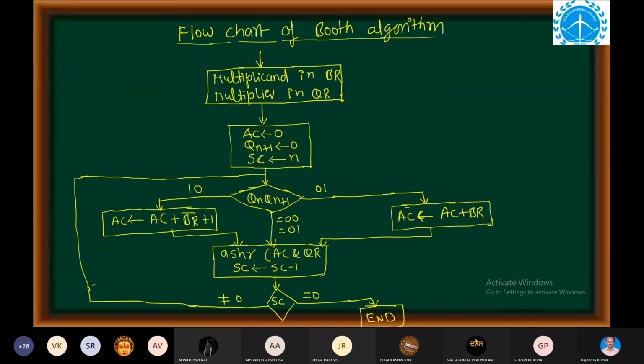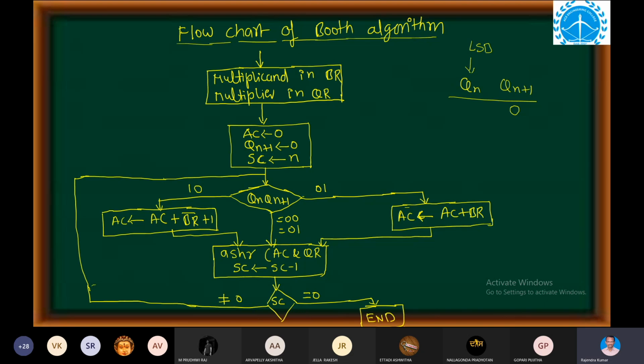This is Qn and this is Qn plus 1. Qn is the LSB of the multiplier and initially I make Qn plus 1 a 0. Now if Qn and Qn plus 1 is 0, 1.